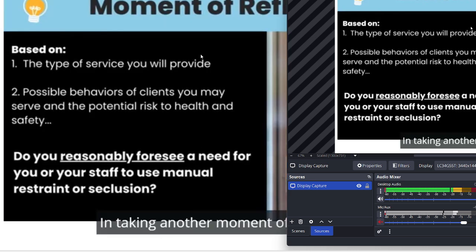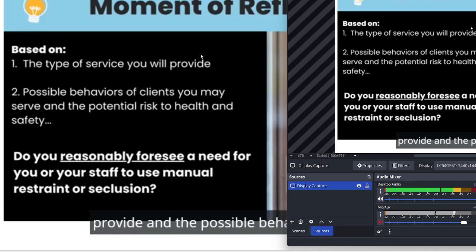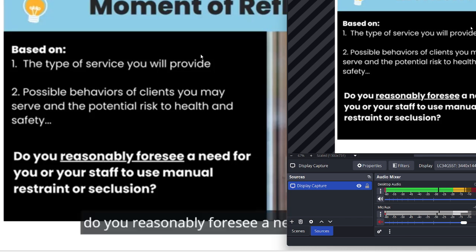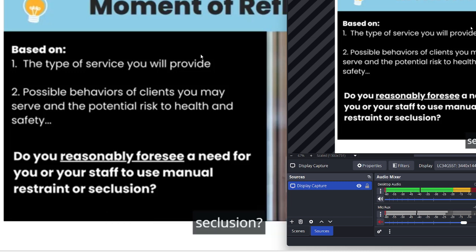In taking another moment of reflection, based on the type of service that you plan to provide and the possible behaviors of the clients that you may serve and potential risk to health and safety, do you reasonably foresee a need for you or your staff to use manual restraint or seclusion?